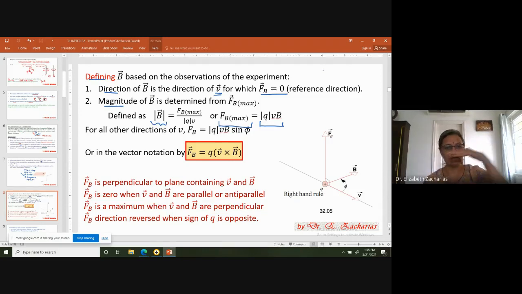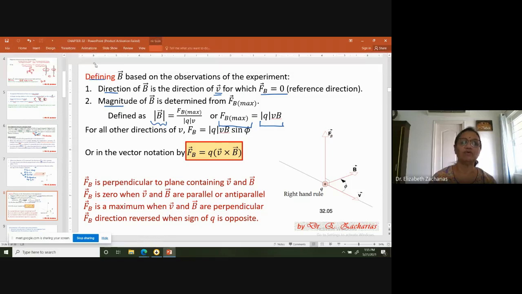So first we got the direction. Next we have got the magnitude of the maximum force, QVB. But we can't just leave it like this. We also need to take forces where the magnitude was not a maximum.